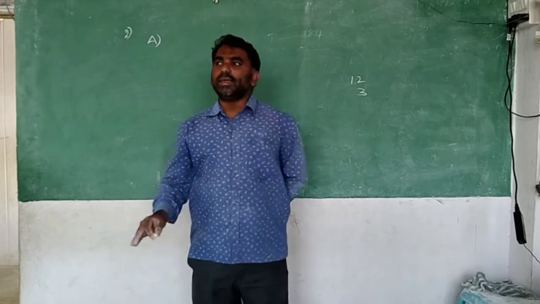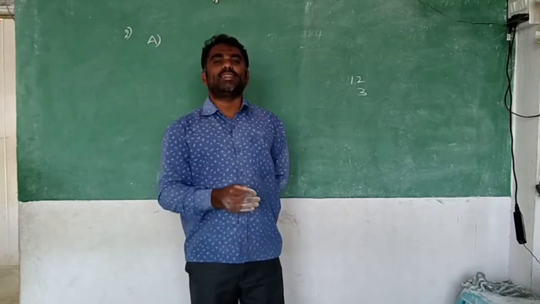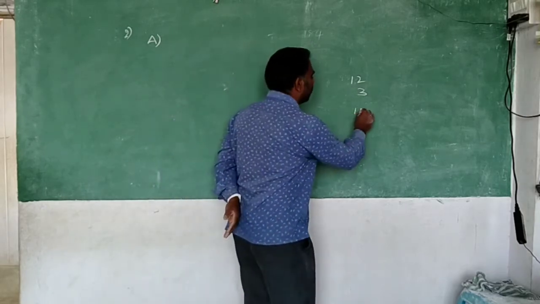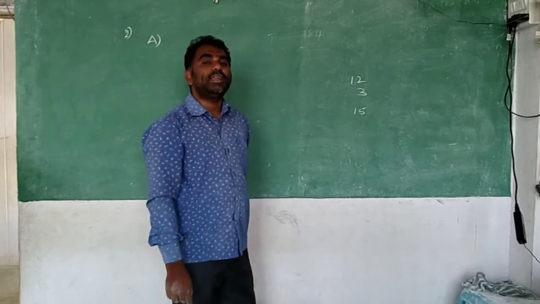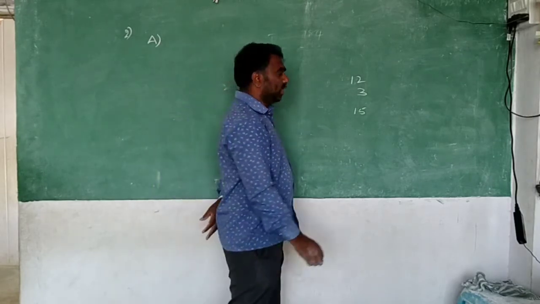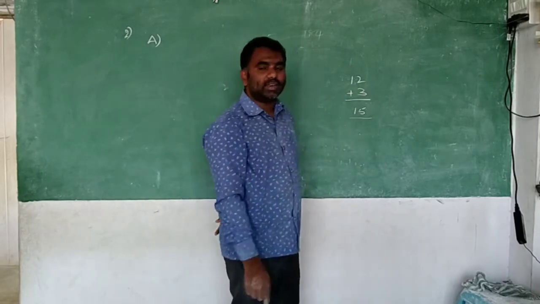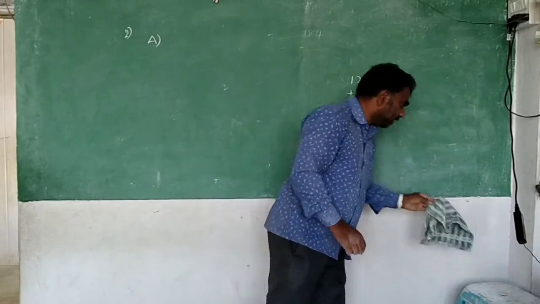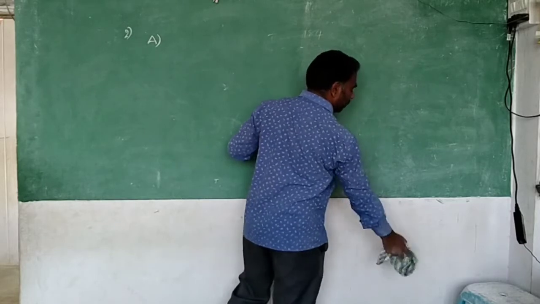After the bell, 3 more members joined here. Then how many students are there in the classroom? Yes, 15 members are there in the classroom. To get this answer, what did you do? Yes, you did the addition. That's why you got the answer 15. Just like that, this is the problem you also need to solve.